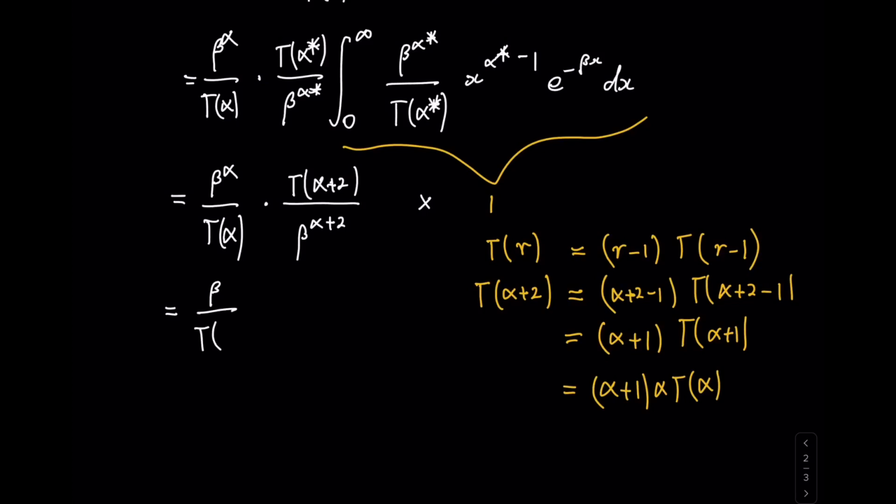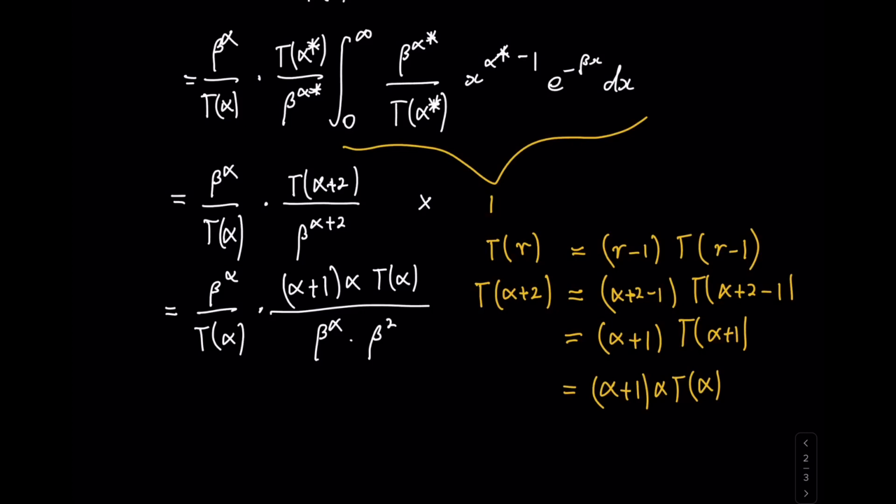So substituting that back into the white text here, we've got beta to the alpha over gamma of alpha, multiplied by alpha plus 1 times alpha times gamma of alpha, over, and I'm going to split this denominator of beta to the alpha plus 2 as beta to the alpha times beta to the 2, or beta squared.